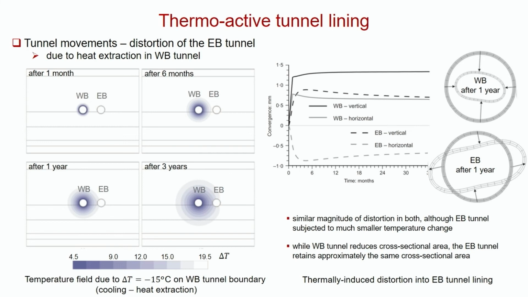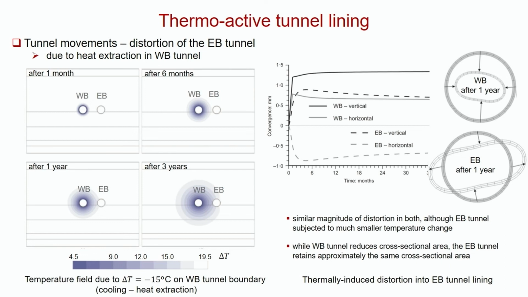And we find this if we have a piled foundation and a tunnel next to it. You do not need the heating front to get to the tunnel before the tunnel is actually reacting to the heating front. And this is because of the expansion and contraction of the soil and the change in pore pressures. So now we get this shape where the cross-section area is much the same, whereas it's shrunk here because of the cooling.